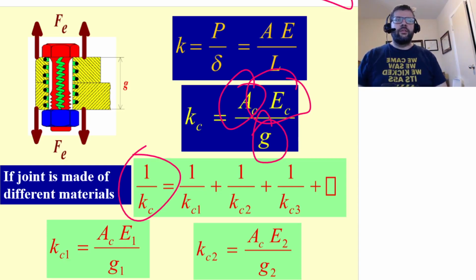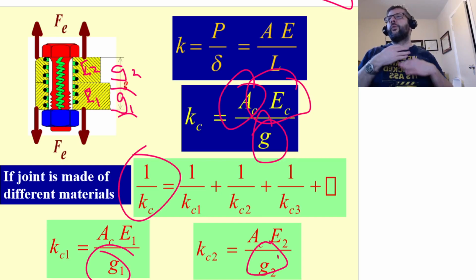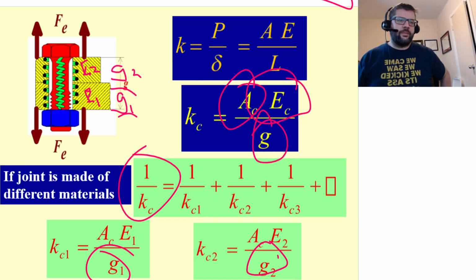So you just use the G for each individual one. Say that's G1, and this is G2, and then you'd use E1 and E2, and just continue to do that for each individual type of material that you're clamping together in this joint.